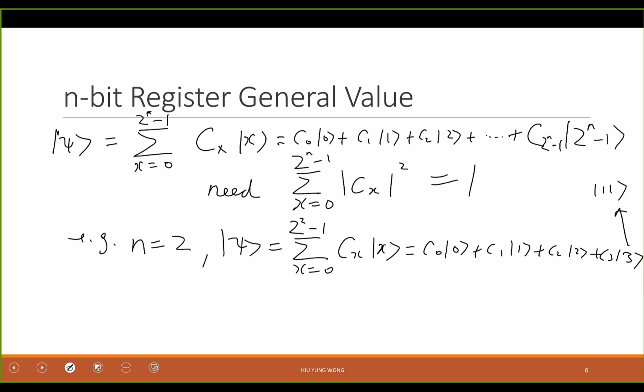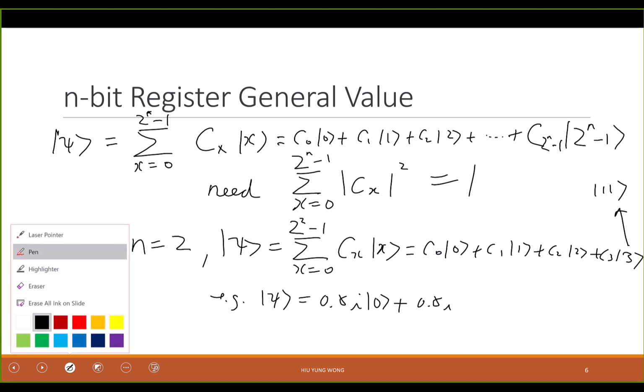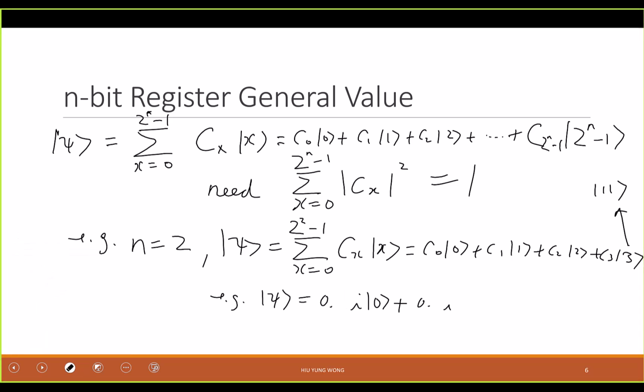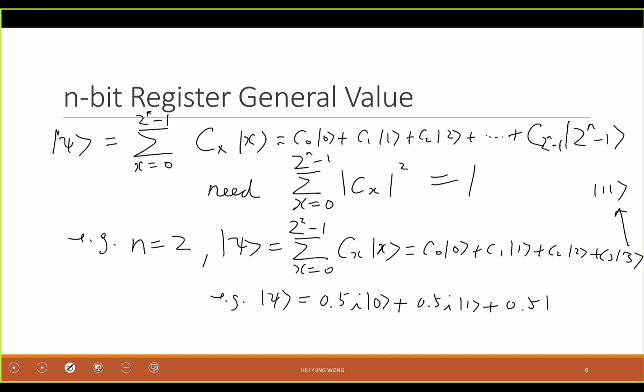So for example, it can be psi equals 0.5|0> plus 0.5|1> plus 0.5|2> plus 0.5|3>.